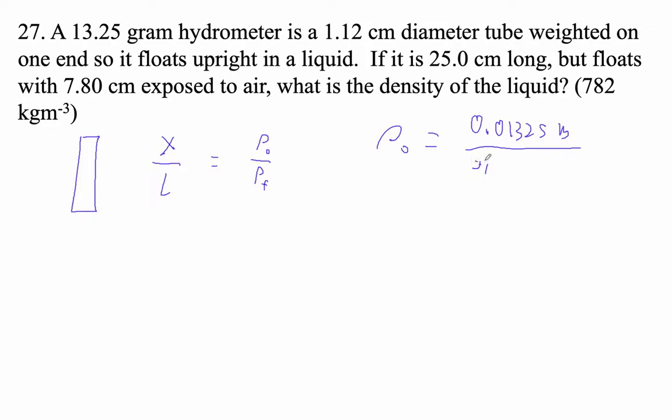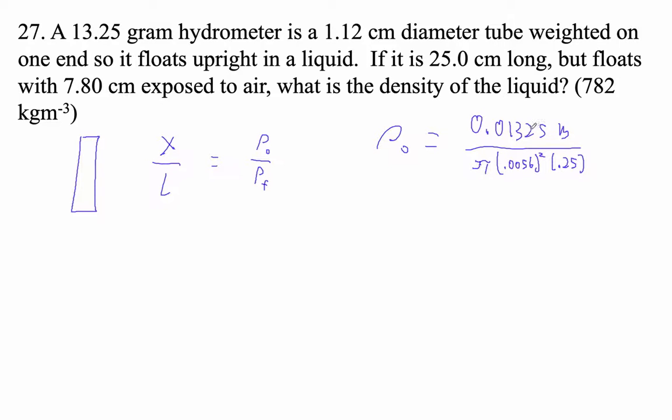The diameter is 1.12 centimeters, so the radius is 0.0056 meters, squared, and the height is 0.25 meters. 0.0112 divided by 2 is 0.0056. Okay, we got this right. This is pi r squared h, the volume of a cylinder. You should know that.